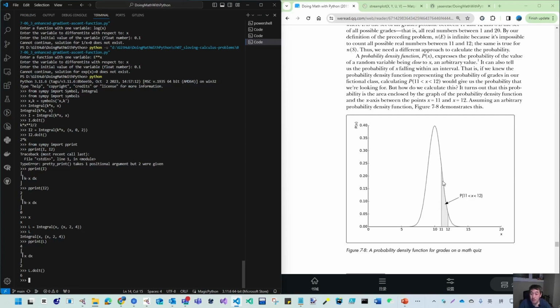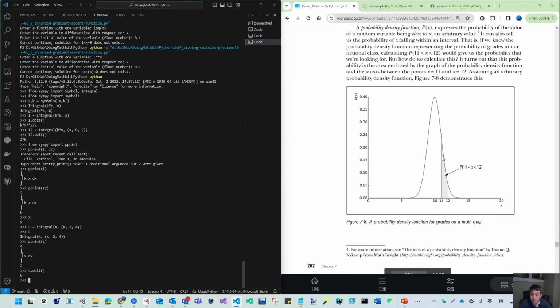Now we know this gray area is the probability, and the density means this divided by the whole occurring probability. This gray area is just the integral of this function with the range from 11 to 12.